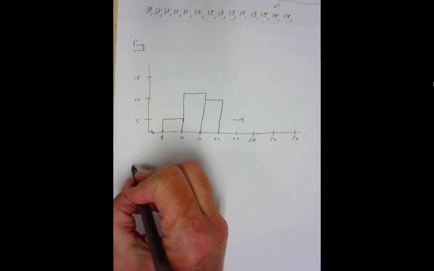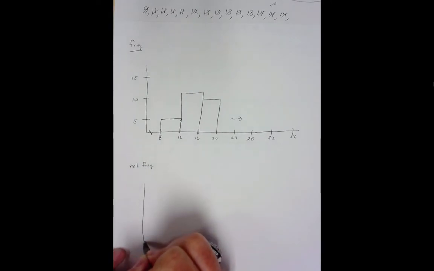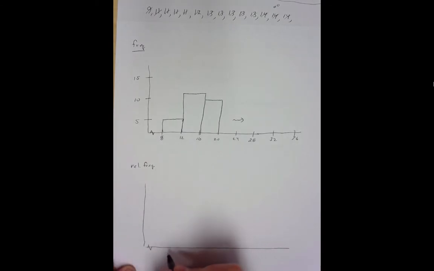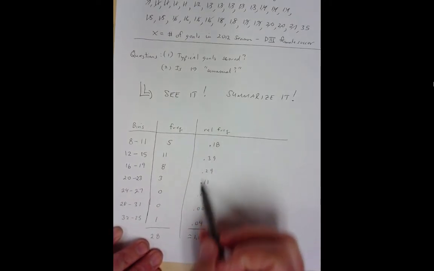Now, the only difference in a relative frequency distribution is we would have exactly the same setup on the horizontal axis. But the relative frequency, as we see back over here, ranges from 0 to 1.